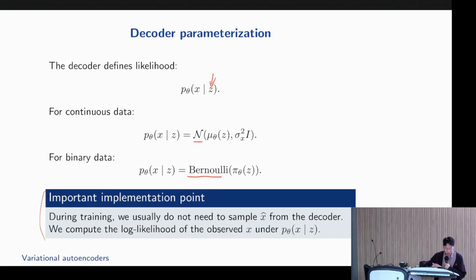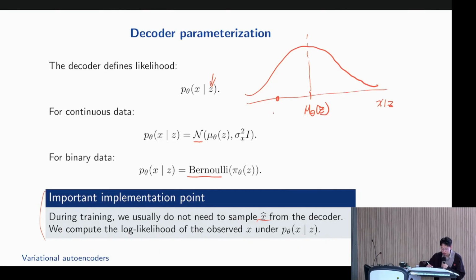I already talked about this. During training, we don't need to sample x hat from the decoder. We just need to evaluate. So just to draw the same figure again. We just need to evaluate the likelihood of the data.